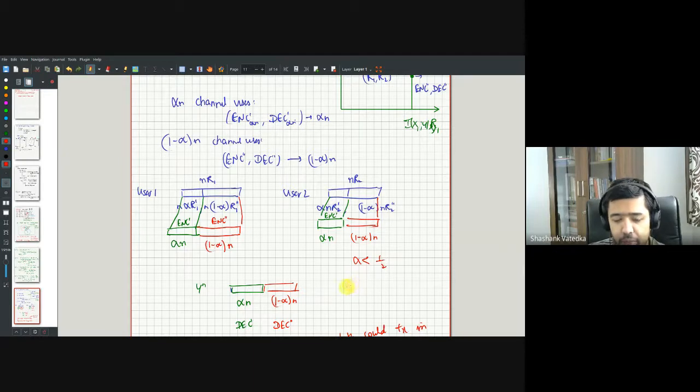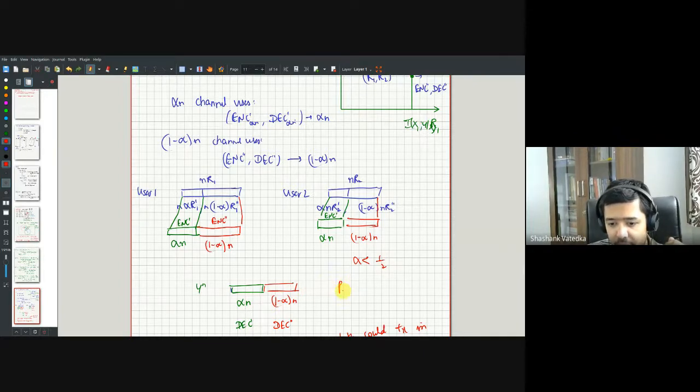The probability that an error occurs is basically the sum of the probabilities of errors of the first part plus the second part. If the first part of the message is decoded incorrectly, you make an error. If the second part is decoded incorrectly, it also becomes an error. So if either part is decoded incorrectly, it's an error.